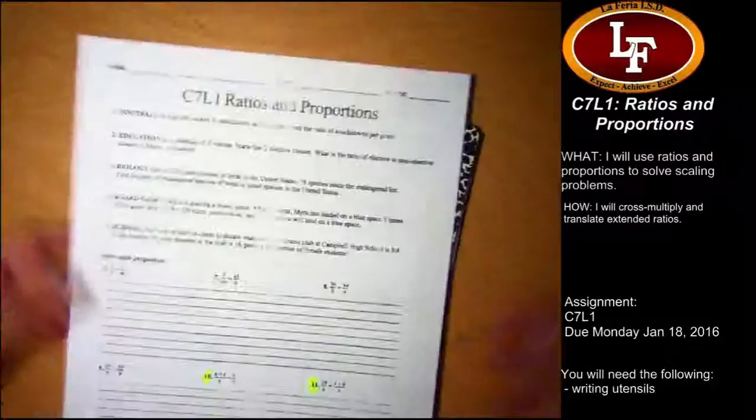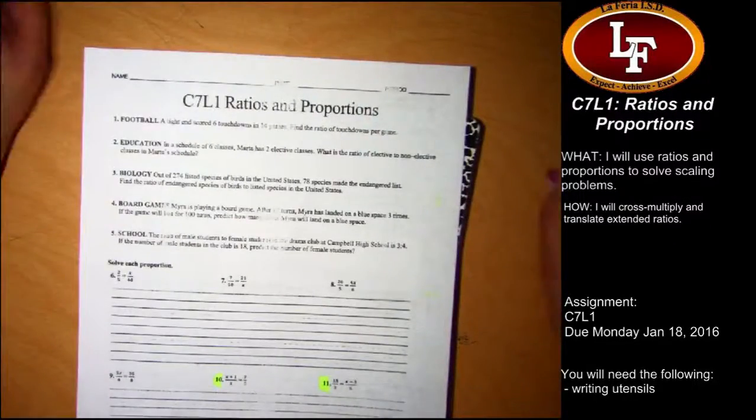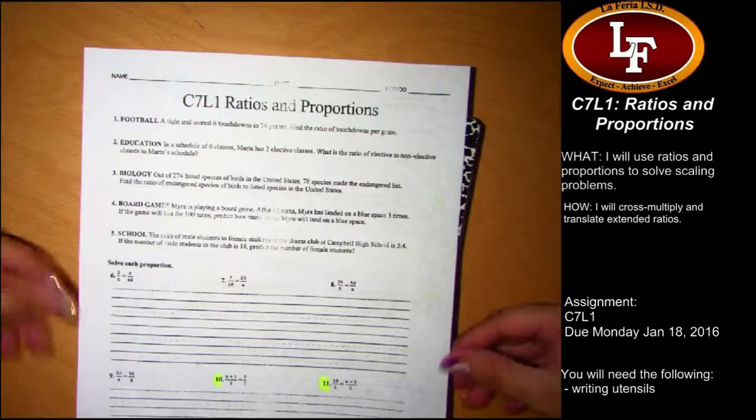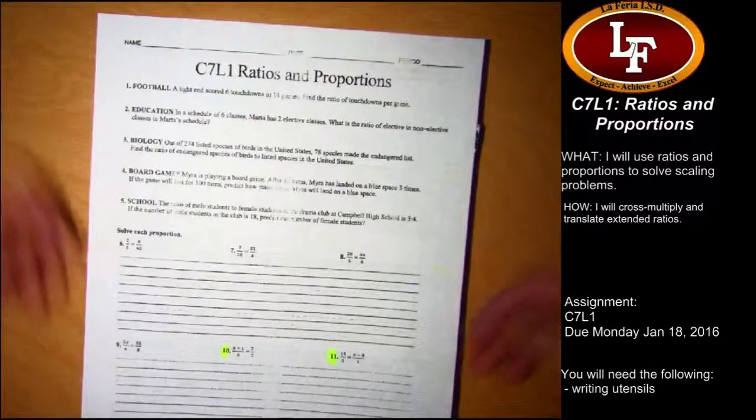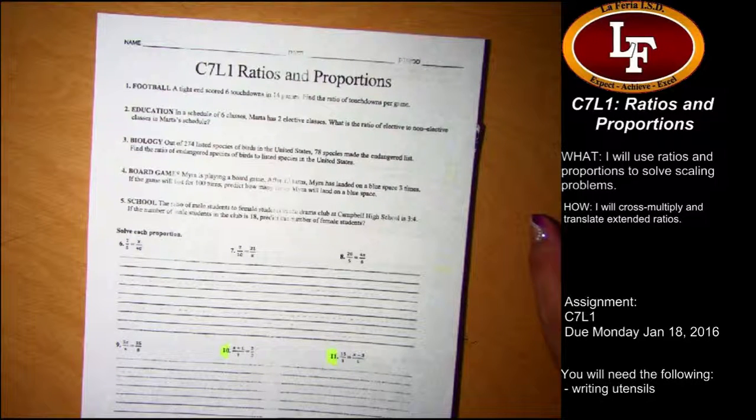Please make sure that you have gotten a copy of today's assignment, which looks like this, C7L1, titled Ratios and Proportions. I'd like you to take some time between now and maybe a minute or two after lecture to just look this page over and try to find questions or words that when you look at them make no sense.